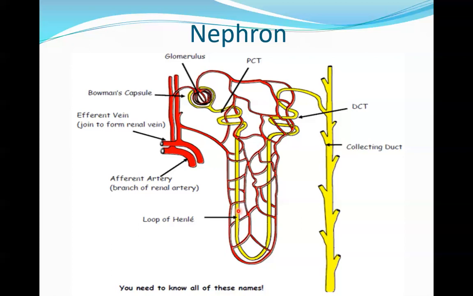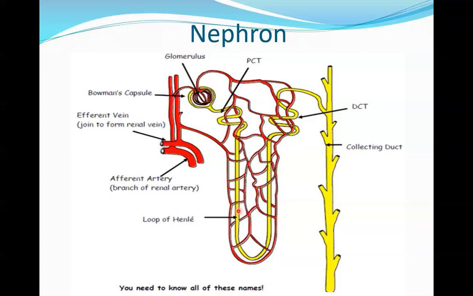Clear? So basically, if you see, the tubules have already a compromised type of blood supply. After supplying the glomerulus, the same blood supply goes out and supplies the whole nephron.